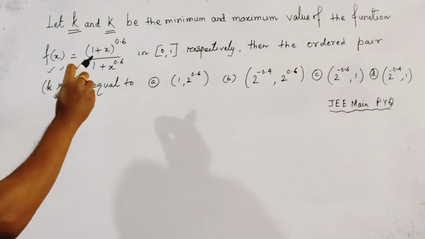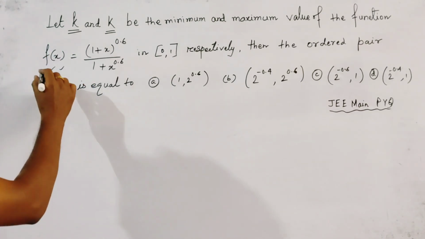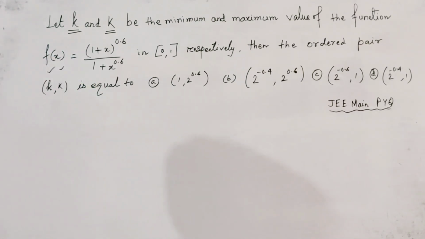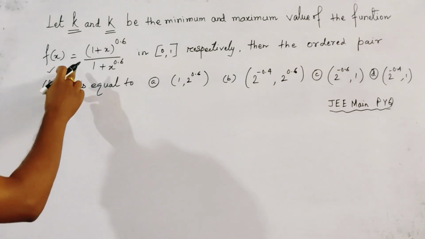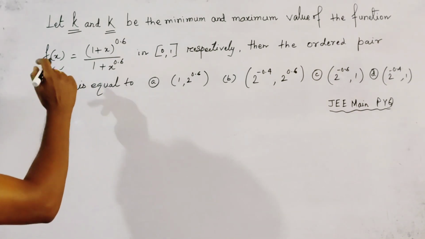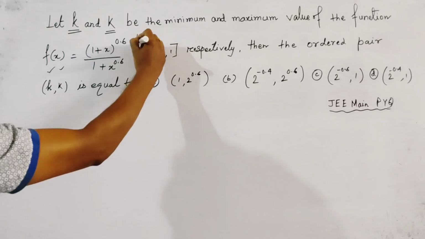To find the maximum or minimum value, we first differentiate the given function with respect to x, and we differentiate it by using the rule u by v.